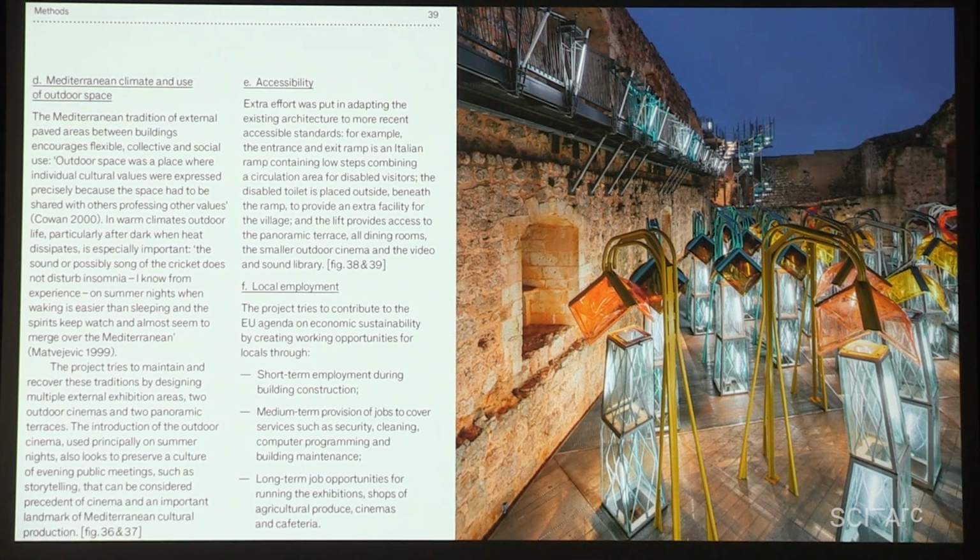Well, there are many more issues about local patterns, like the use of the space at night, which is a highly Mediterranean question, because in Mediterranean weathers, from May to October, the nighttime, especially between 9 o'clock to 12 or 1 in the morning, is socially very interesting in small villages, because it's the moment in which the weather is mild. And then people tend to go to sleep quite late.